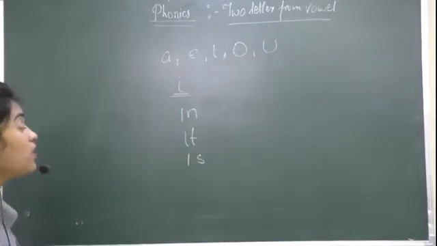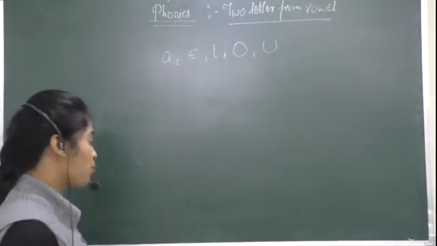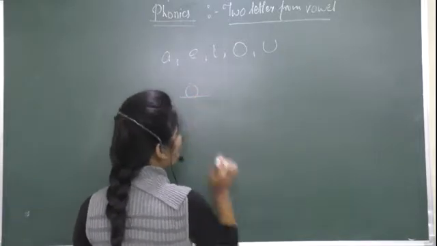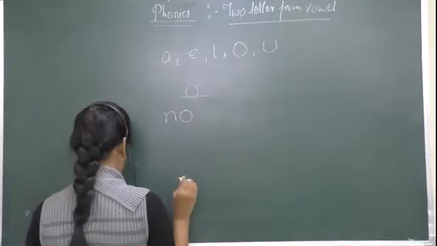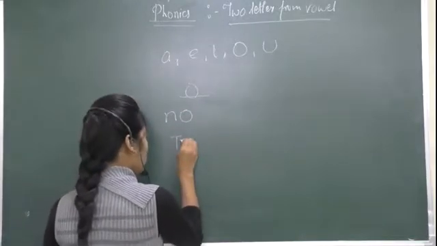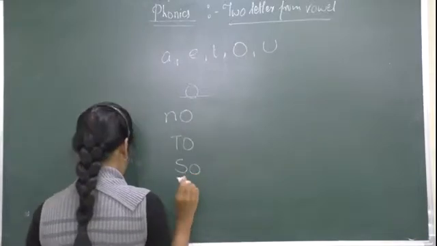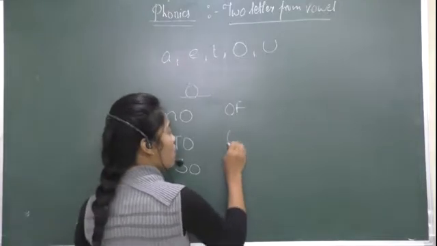Now we will move to our next vowel, that is O. What words can I make? N-O, no. T-O, to. S-O, so. O-F, off.